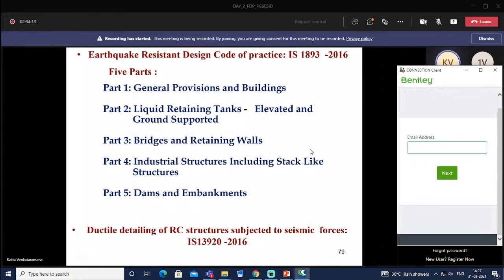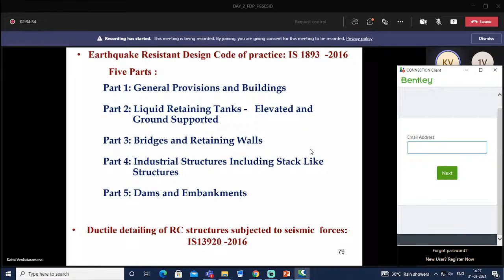And this is just a slide. Earthquake resistant design code of practice IS 1893. It has been revised many times, and the latest revision is in 2016. Based on past experience, we revised the code, and there are 5 parts.